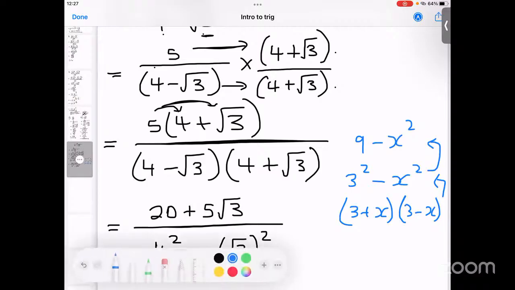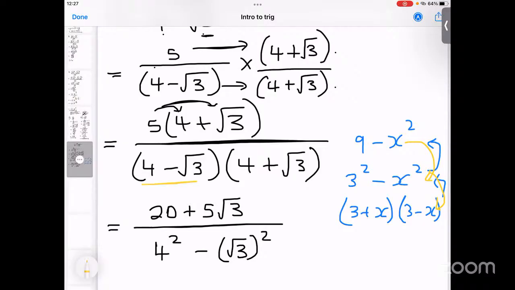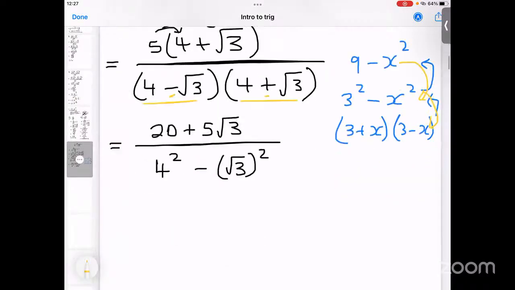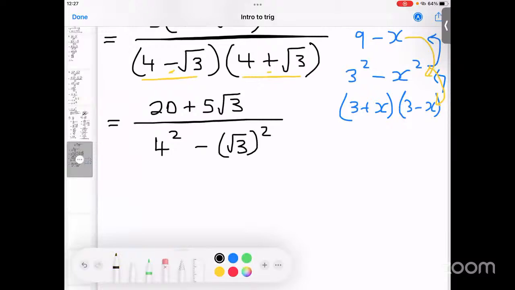So in an exam, you may be given that and they say factorize. You will do that because it's the difference between two squares. So here, we are doing the same principle in reverse because we can see that we manipulated it such that it is exactly the same thing except the signs are different. And we know that in reverse is the difference between two squares.